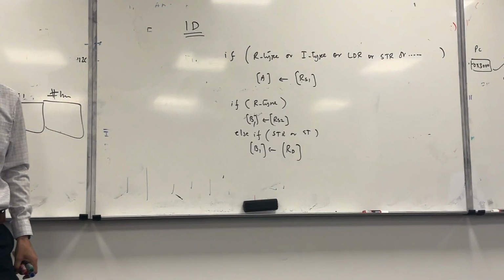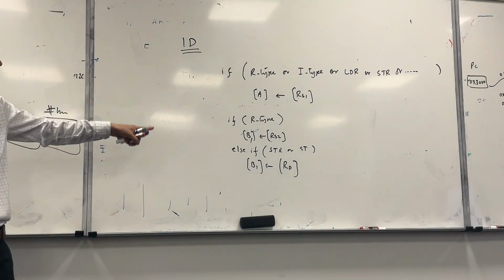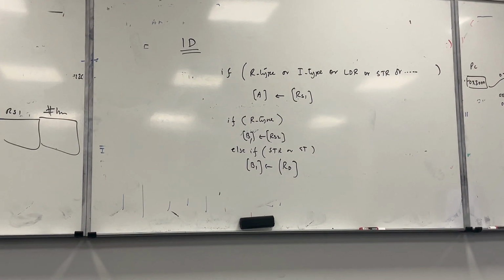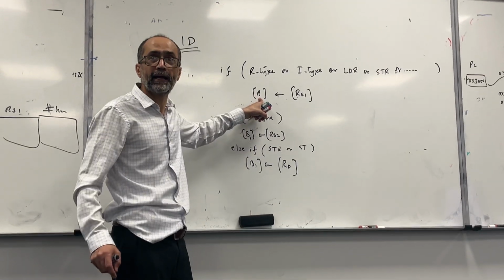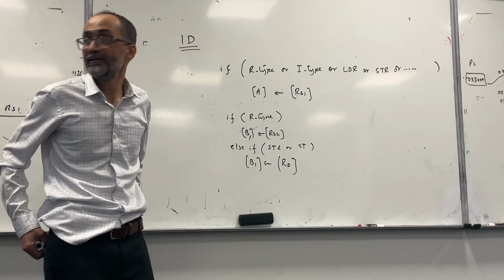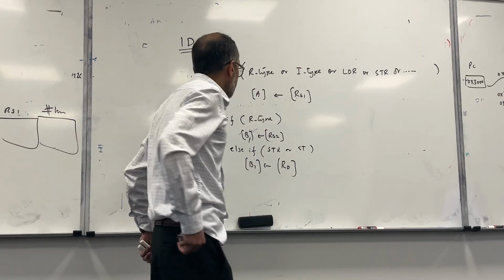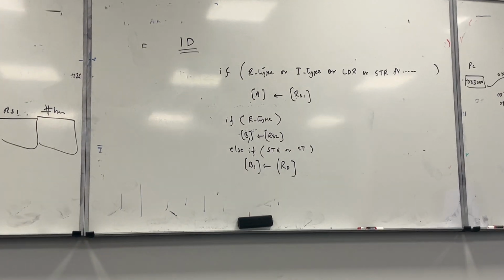Any question? This is how it works. B1 and B2. Okay, now what about the immediate field?